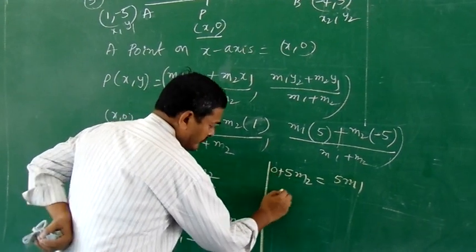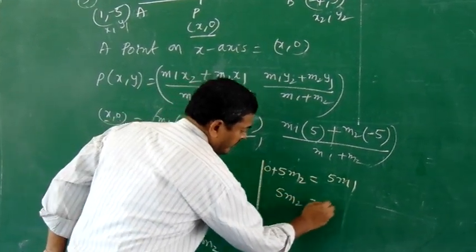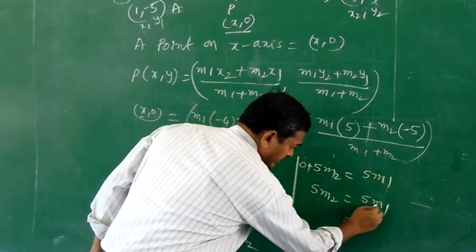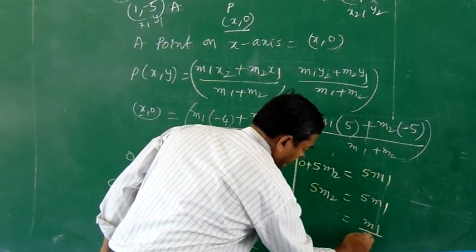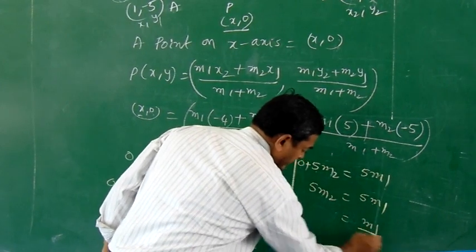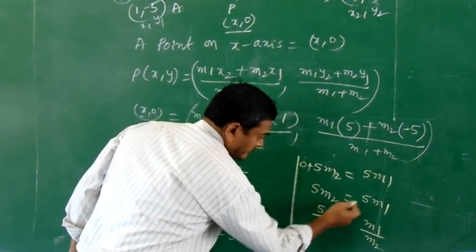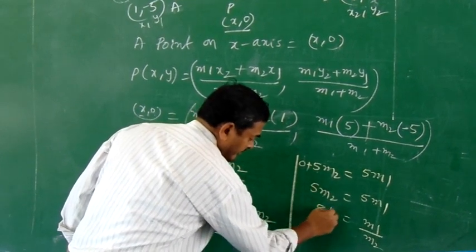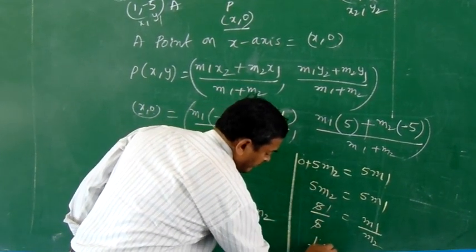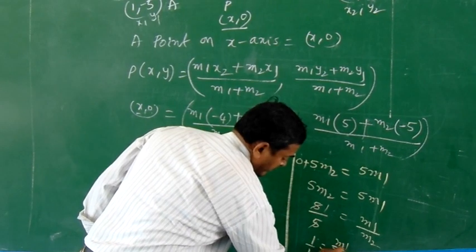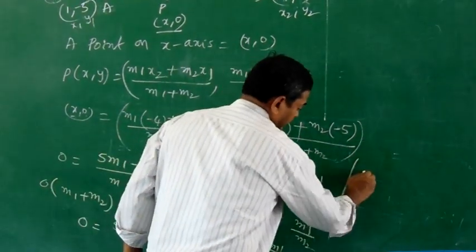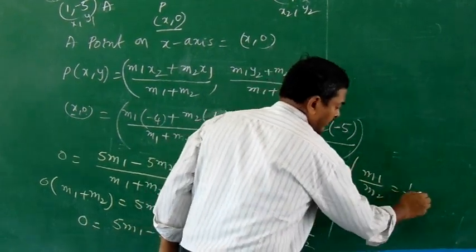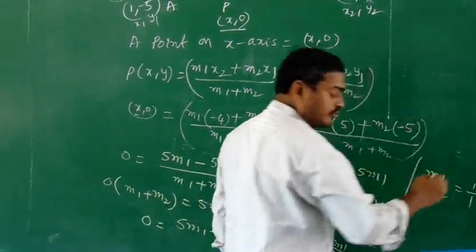Now 5 coming to this side means divide, so 5 ones are 5. So 1 by 1 equals m1 by m2, or m1 by m2 equal to 1 is to 1.